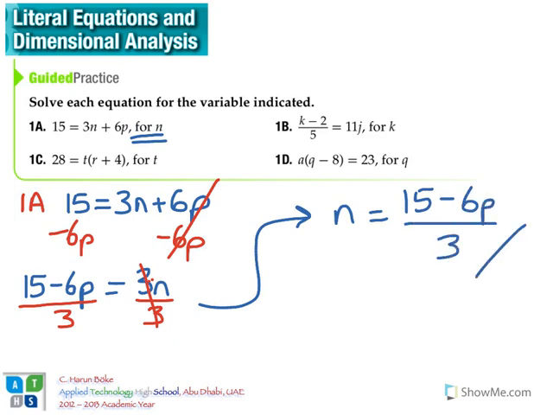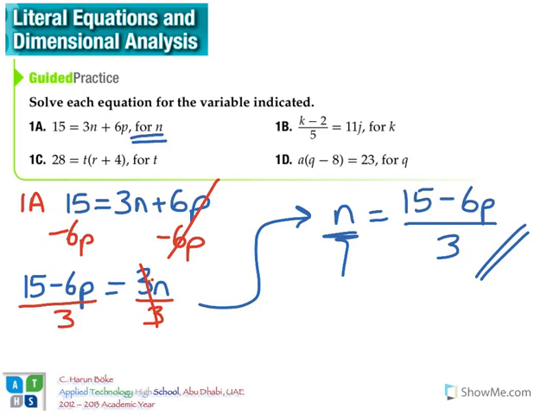This is my answer. This is how I solve the given equation for n. So you see n is alone. So for n, it is equal to 15 minus 6p over 3. That's what I should do. So there is nothing different compared to solving regular equations.